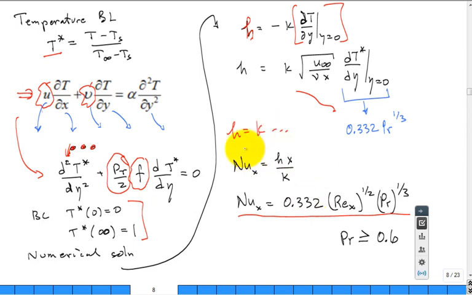And then you recall, let's take both sides of the equation here for h. Let's divide by k, multiply by x. That's the local Nusselt number. That's our definition of Nusselt number, and here's our result. Numerically, from the Blasius solution for the velocity profile and then put that into the energy equation.